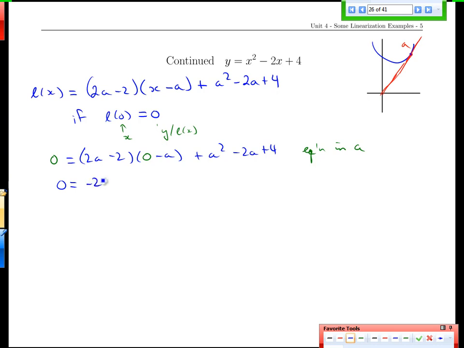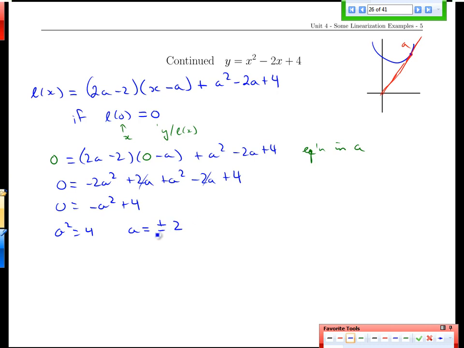So here we're going to have minus 2a squared plus 2a plus a squared minus 2a plus 4. And that's minus a squared, these cancel, plus 4. And that gives us a squared equals 4, or a equals plus or minus 2.